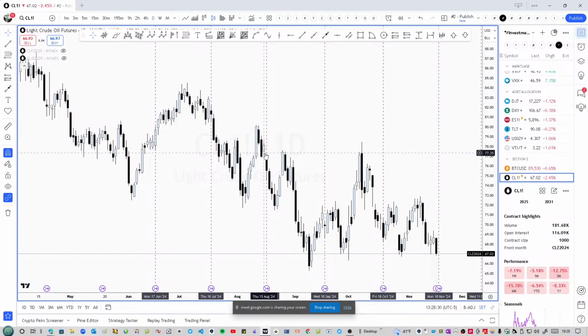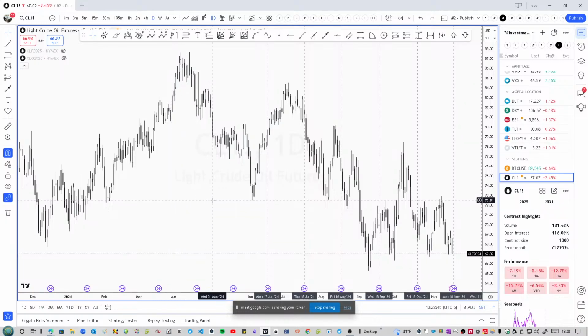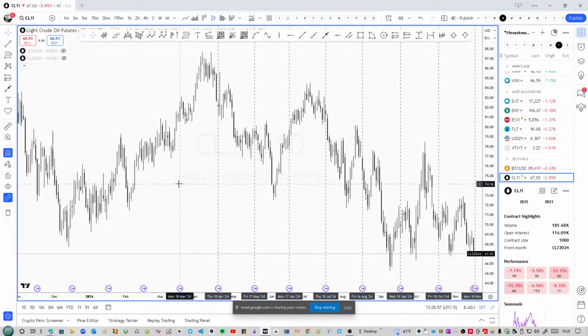I don't know, to be honest, actually why, but everybody is then rolling their contracts around this date to the next contract. But the oil price very, very often slows down, especially if it had a strong move before. In the few days before the expiry, oil will come down.